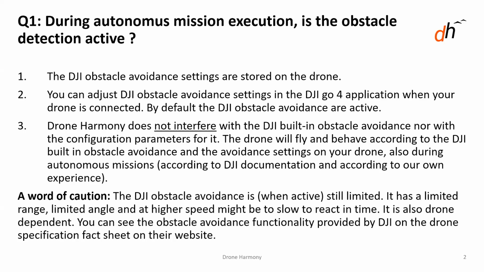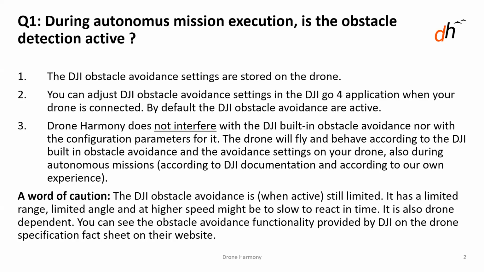And just a word of caution. DJI obstacle avoidance is fantastic, and it will save you in many cases when you fly manually or when you fly close to objects. It's an important thing to know, but it's still limited. So it's important to always be attentive, and it also has limited range. It means that obstacle avoidance will only kick in at a certain distance, so if you fly very, very fast, it might not have the time to react.